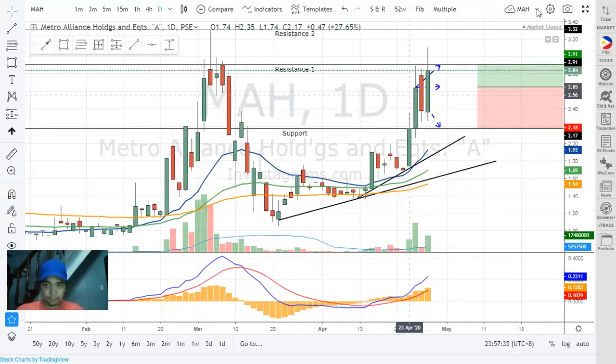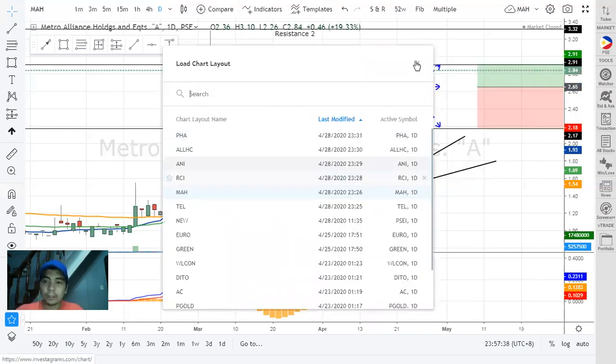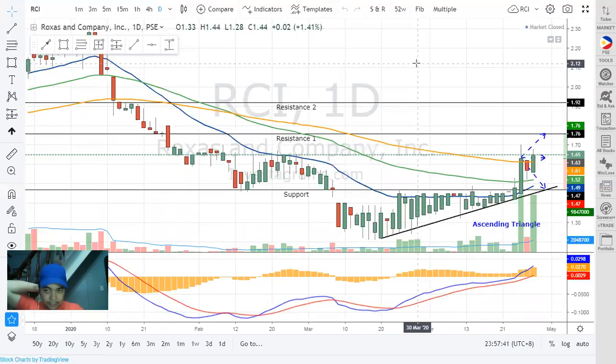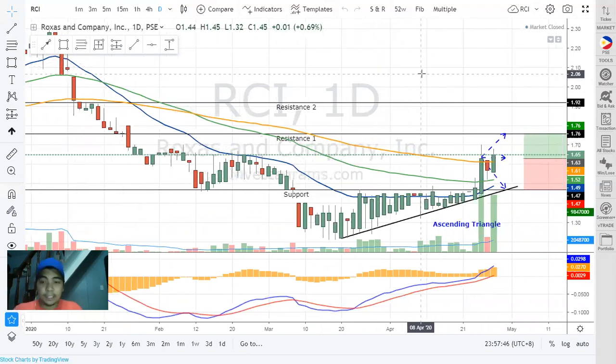Next, we have RCI. For RCI, yes, this also has an ascending triangle. For the volume, the patterns are the same, but here we don't have that significant high.